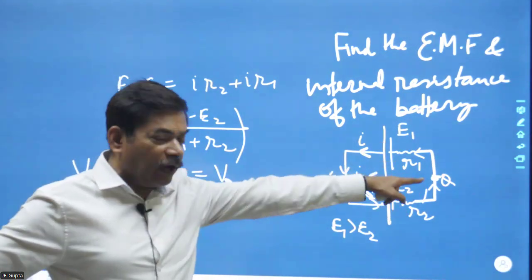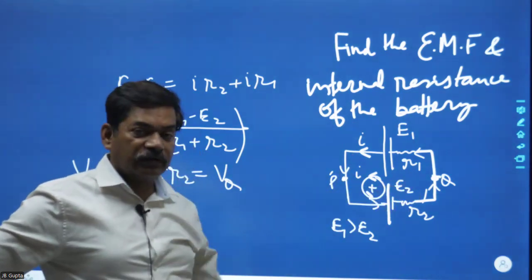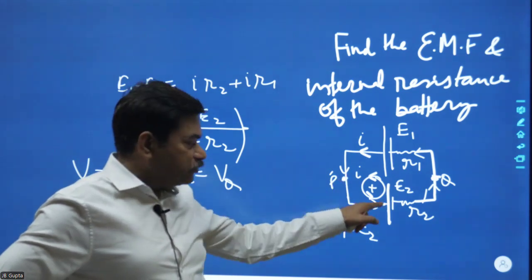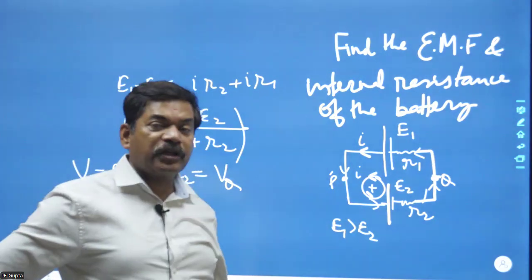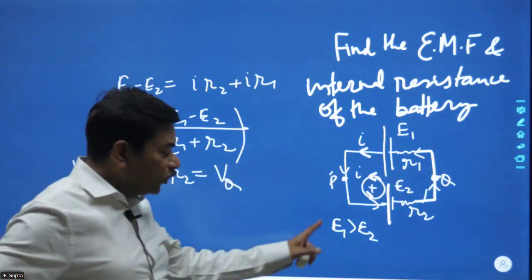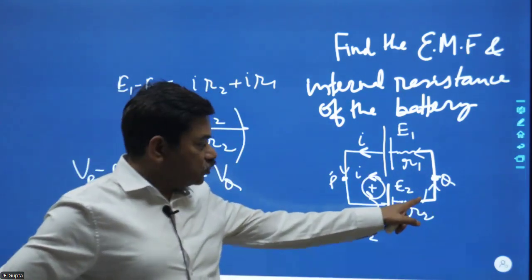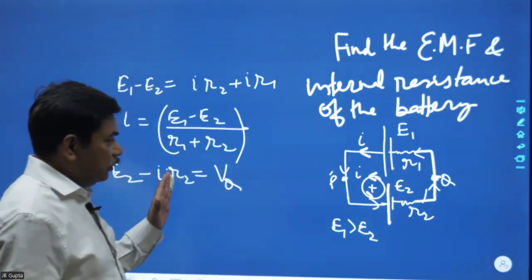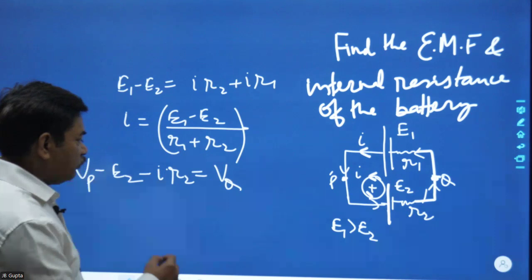You can reach from this path as well as from this path. Here we have selected this path, so VP. Now there comes a cell, and the negative of the cell is towards point Q, so you write minus E2. You're going in the direction of current, so the potential will fall across R2, that will be minus IR. Now you have reached the point Q, so that will be VQ.